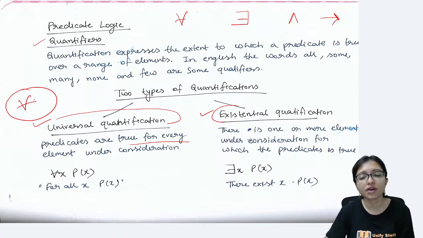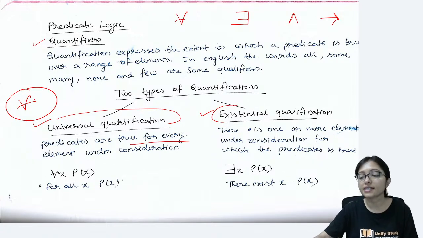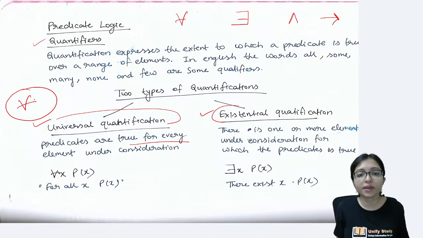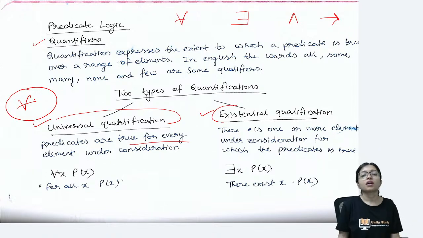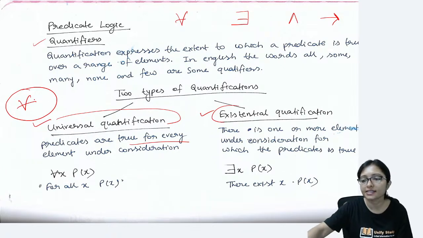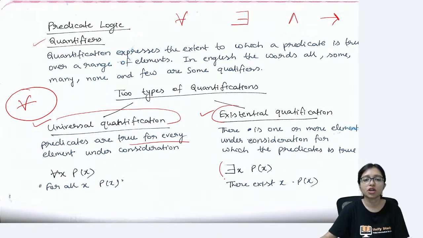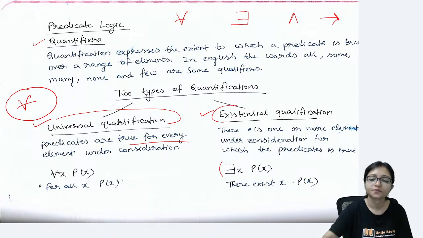Here everyone in the class is a computer science student, so the domain is this class. Now there exist some students who are maybe from math. There exist some students who are maybe not computer science students. It can also happen. That is called there exist.